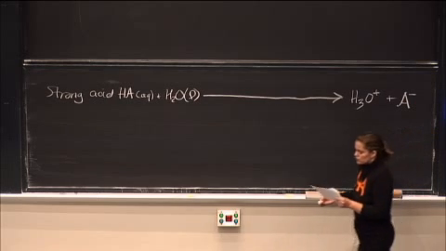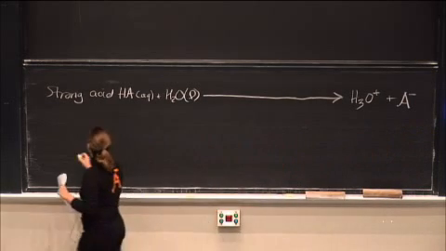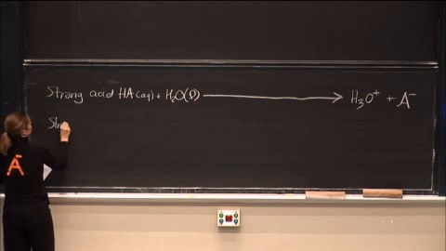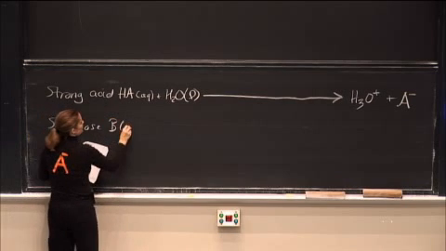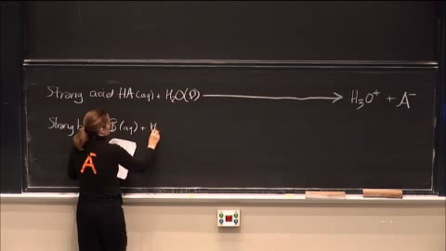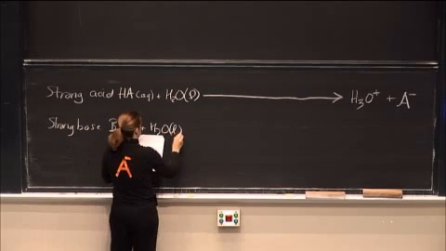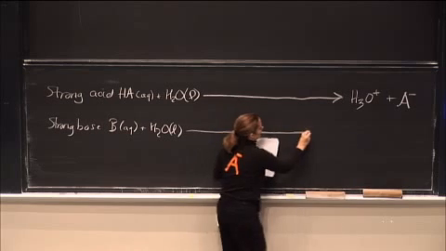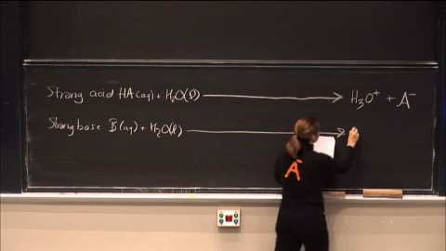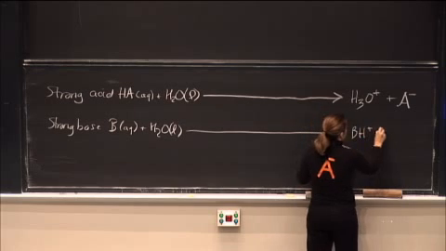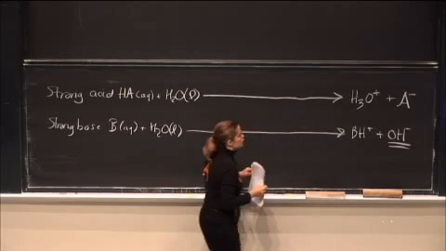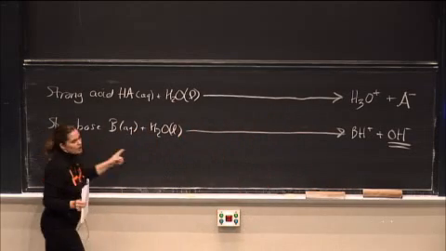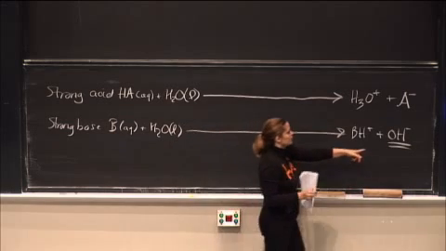And the same is true for a strong base. So for a strong base in water, it's going all the way down. It's driving the reaction all the way over here. And you can consider that however much strong base you added is how much hydroxide ion you have here.